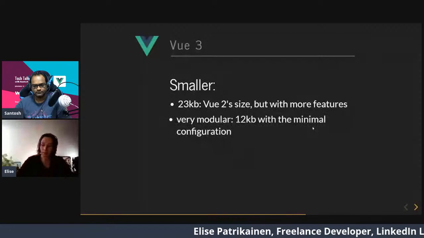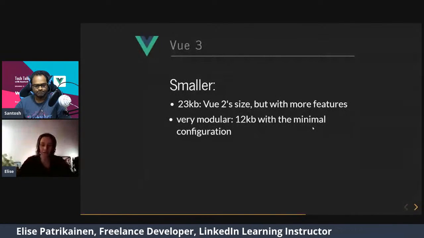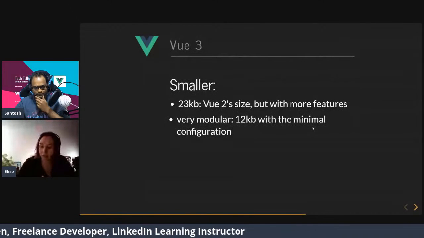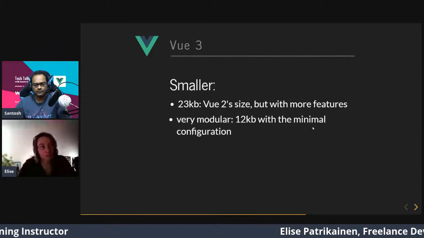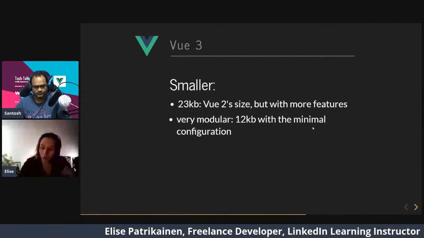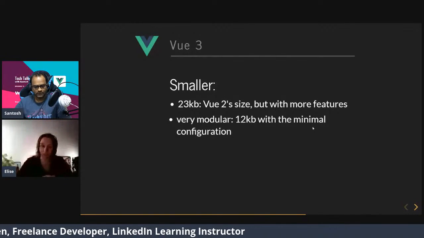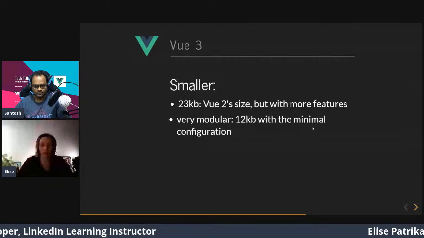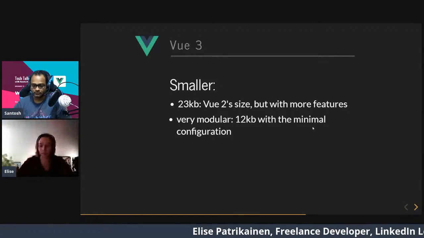It's also very modular, as I said, there are all these packages. This means also that you can choose, okay, I want this, I don't want this. So if you really want to have the super small, super minimal version of Vue, then you can shrink down to 12 KB.